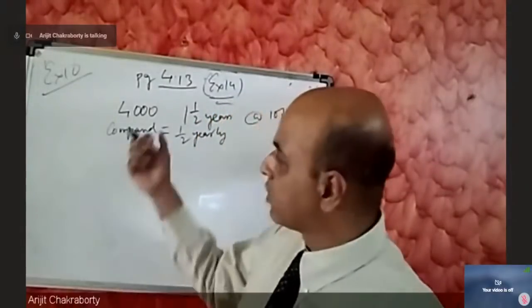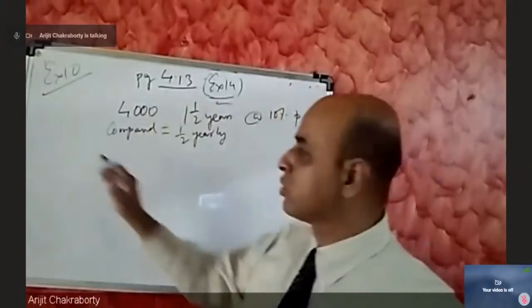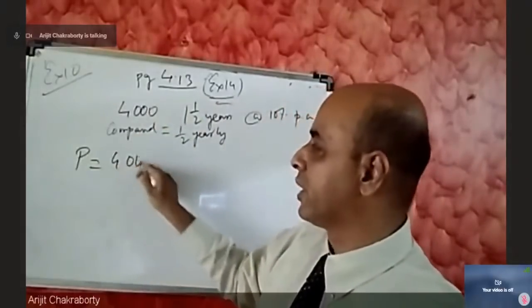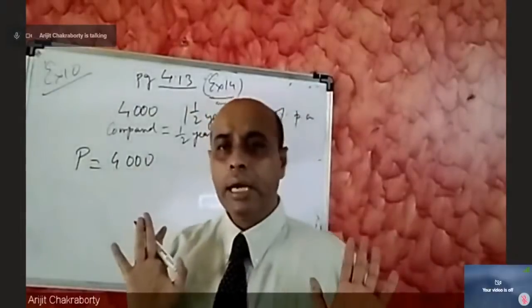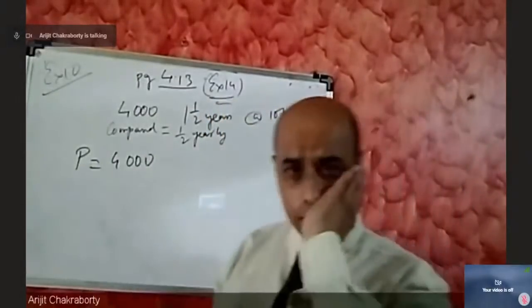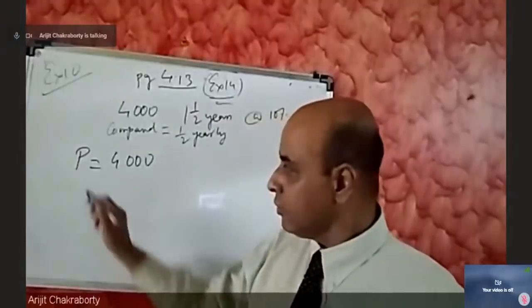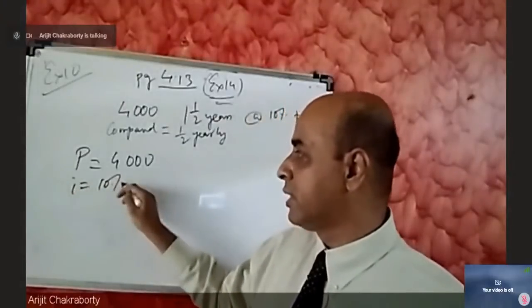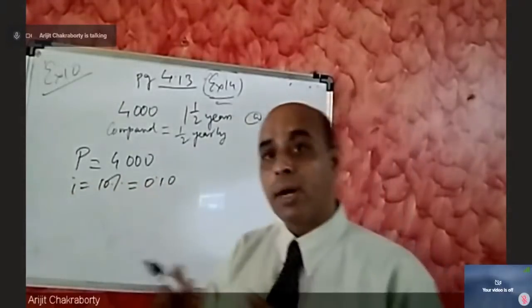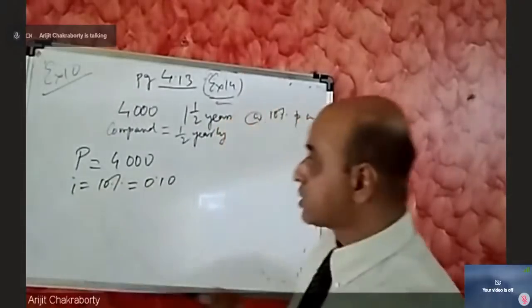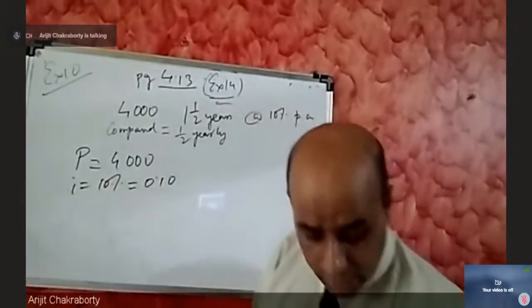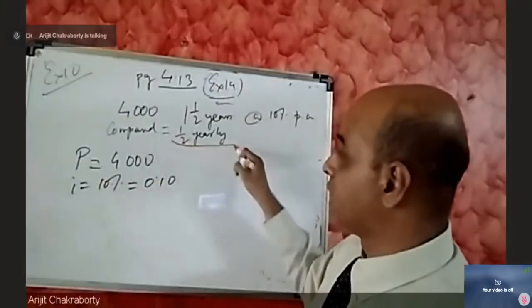Let's work together on this example. You have 4,000 rupees. So principal is 4,000. Very good. Interest is 10%, but it is for a full year. So I equals 10%, which means 0.10, but for a full year. Please note here the compounding, I am underlining, it is half yearly.